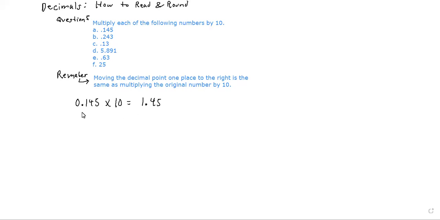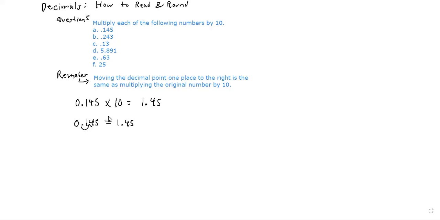And we can do it another way too. If we just remember that all we need to do is shift the decimal place, moving the decimal one place to the right is the same thing. We can just start off with 0.145, shift the decimal place one place to the right, which gives us 1.45, the exact same answer.